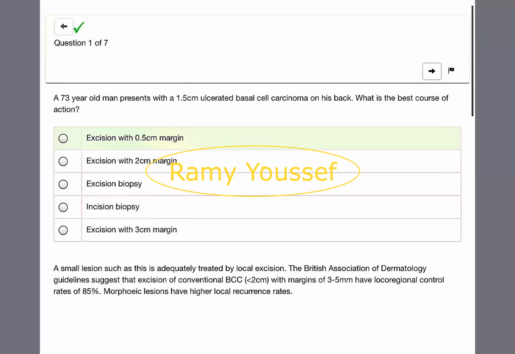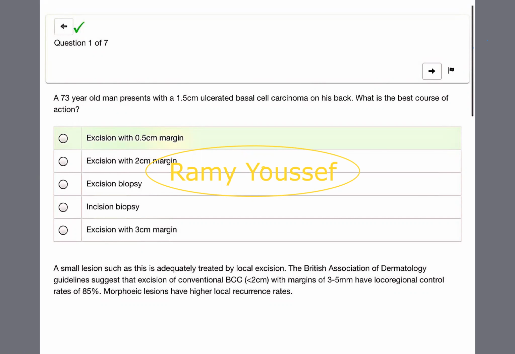A 2 centimeter margin needs a very big lesion. I also read in one recall a question about squamous cell carcinoma asking about the safety margin. It was also 0.5, as I remember.